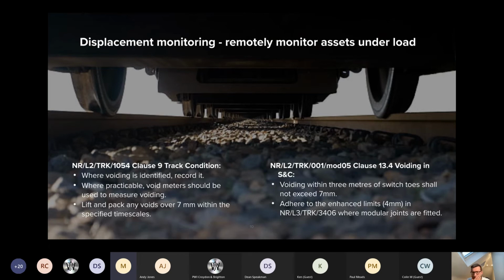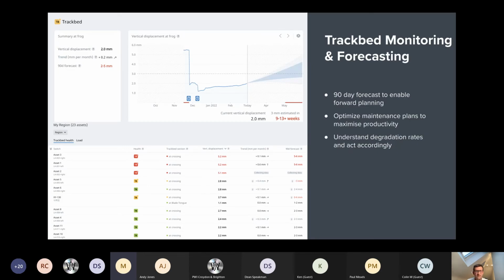And then similarly, in essence, at the switch as well. Voiding should not exceed 7 millimeters, and where it's modular, the thresholds are much tighter. So how does that work in a practical sense? Here is our user interface. You can see we've got quite a significant vertical displacement, about 5.5 mil. An intervention has happened, probably a tamp, that's lowered the displacement.